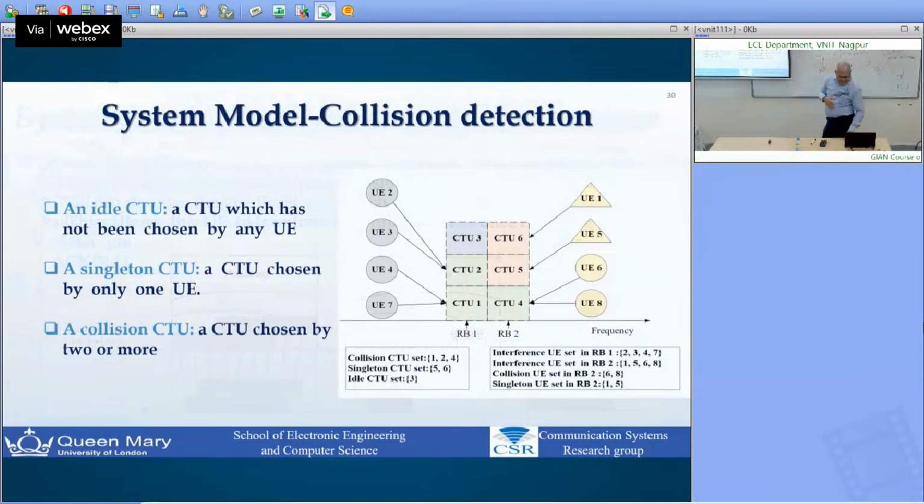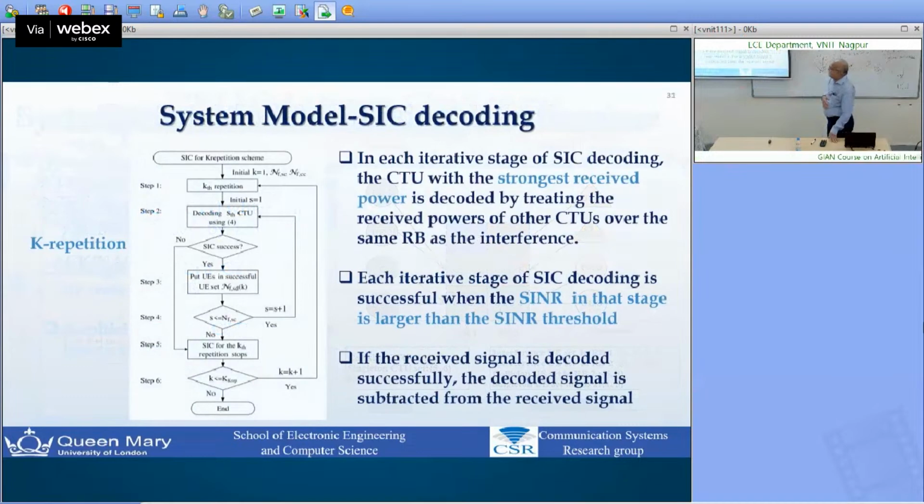If we have these 3 scenarios, as I mentioned earlier, we are going to repeat again, K repetition. If one CTU is selected by more than one user, then we use non-orthogonal multiple access. Then what we are going to do? Here we are going to use successive interference cancellation and decoding.